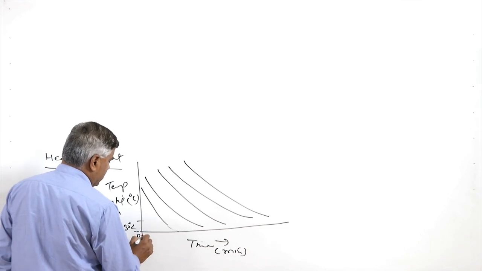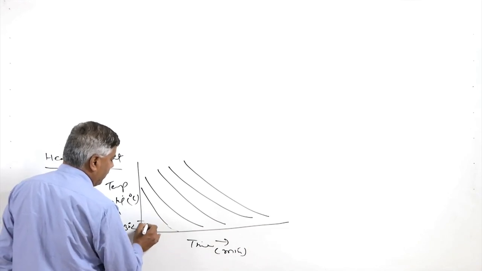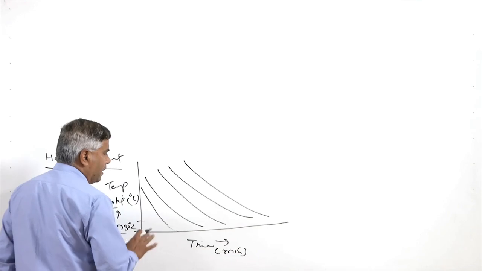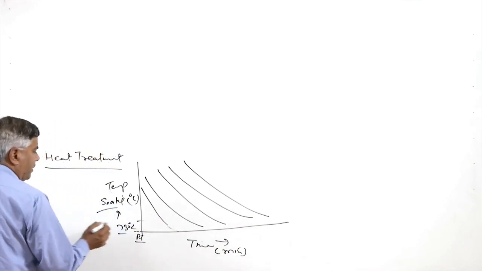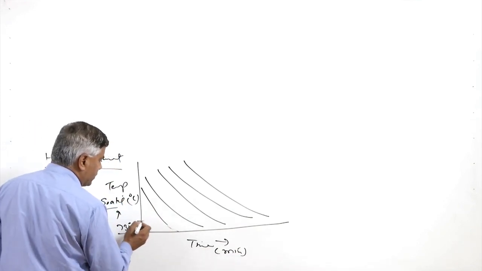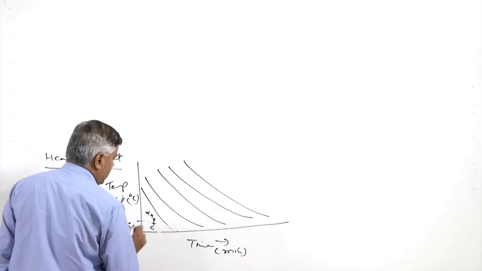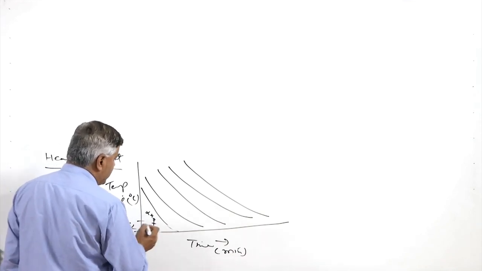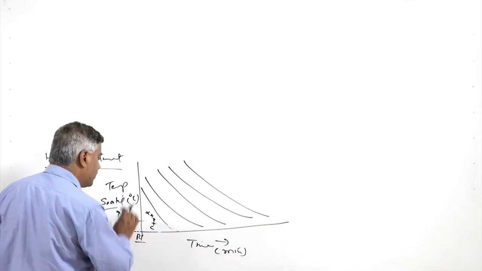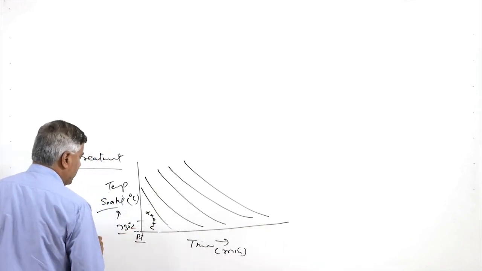Consider the alloy steel or carbon steel. In case of the alloy steels, what will be there at room temperature? Ferrite, pearlite plus carbides.